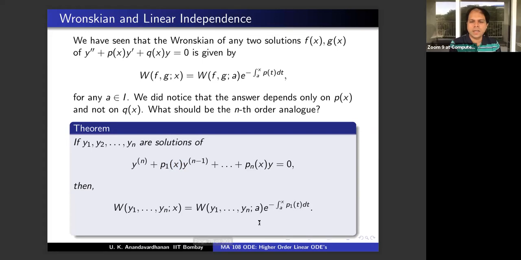So that is exactly the result. You have guessed the result. The Wronskian at one point times e to the power of the integral, with a as the lower limit, which comes from evaluating the constant in your first order differential equation, minus p1(t) dt.